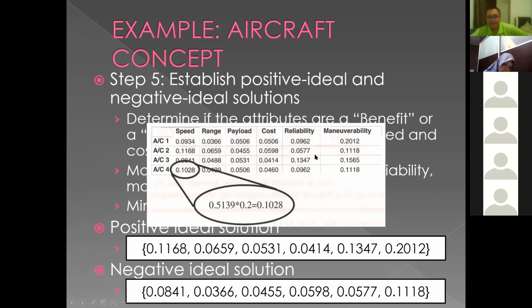And then for reliability and maneuverability, we pick the lowest value. 0.0577, and for maneuverability it is 0.1118. If you notice, for this maneuverability, the lowest values here are the same, 0.1118. There is a repeat on this one down here, so the same value.